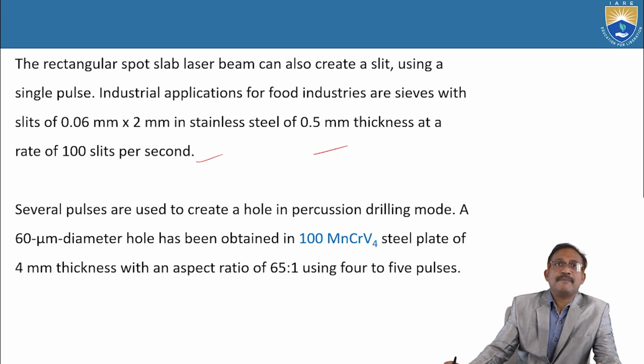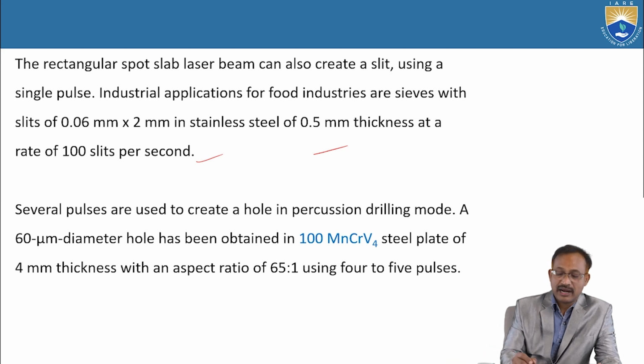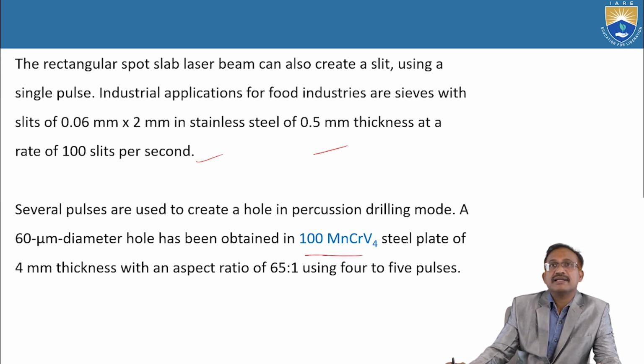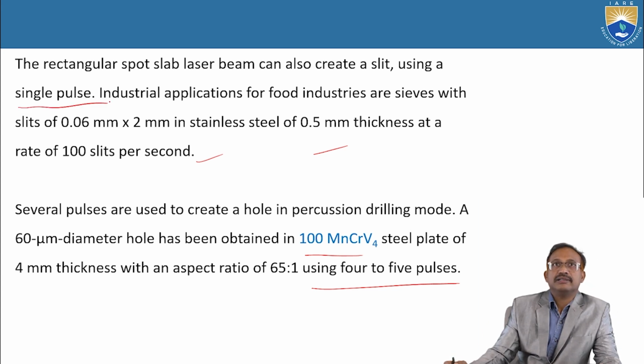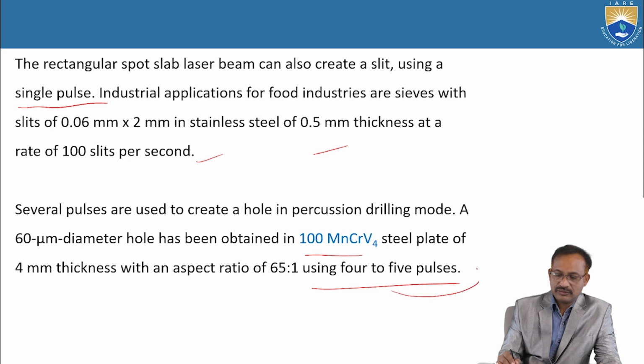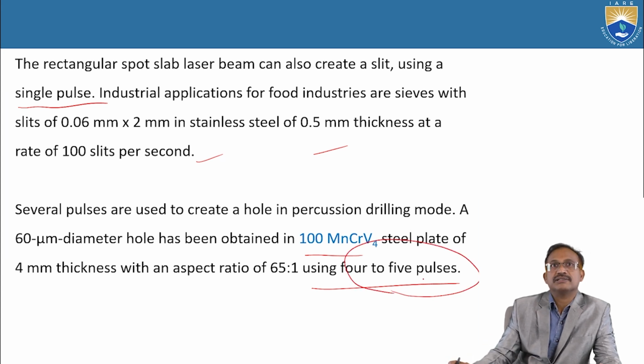Several pulses are used to create a hole in percussion drilling mode. A 60 microns diameter hole has been obtained in a 100 manganese chromium vanadium steel plate of 4 millimeter thickness with an aspect ratio of 65 to 1 using 4 to 5 pulses. So here this is single pulse, this is about 4 to 5 pulses.